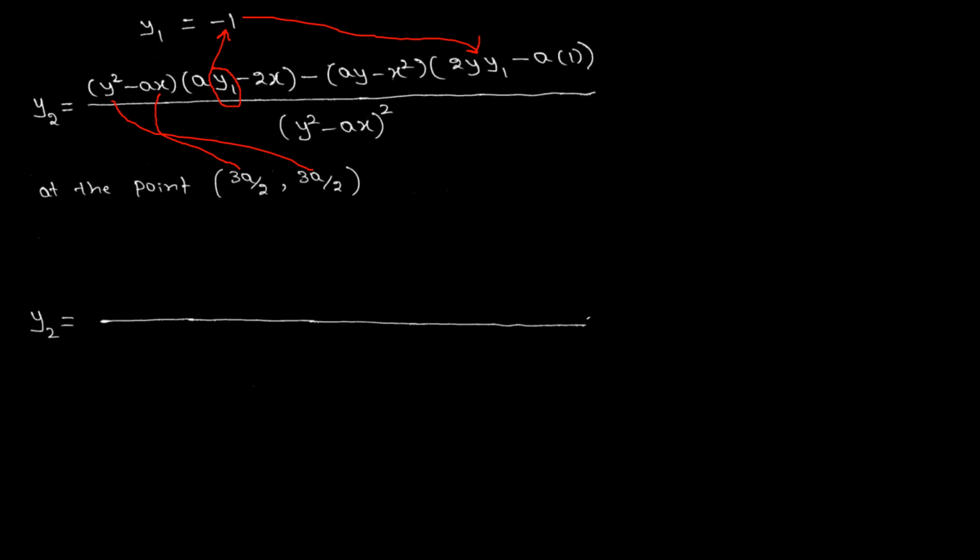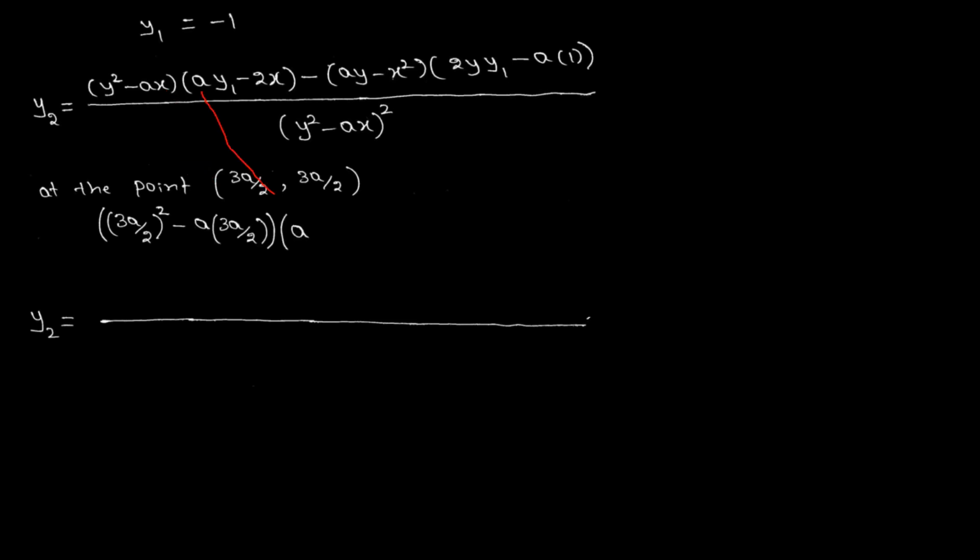Let us substitute all at once. Yes, here we have substituted the value of y, that is y square here, minus a into 3a by 2 into a into minus 1. Here we write minus 1 because y1 is minus 1. Yes, minus 2 into 3a by 2, this minus we write as it is.